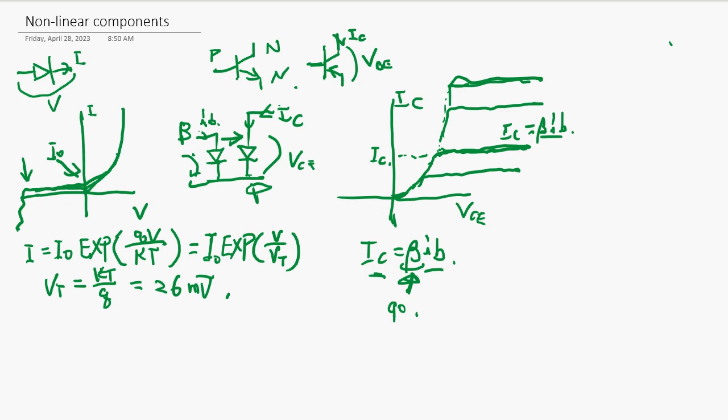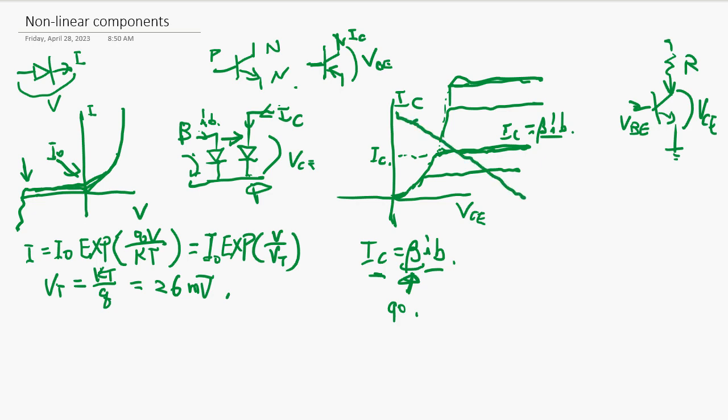So for example, if you have a resistor here, and here's a VBE, you control this. So this is a VCE. So the current is controlled.